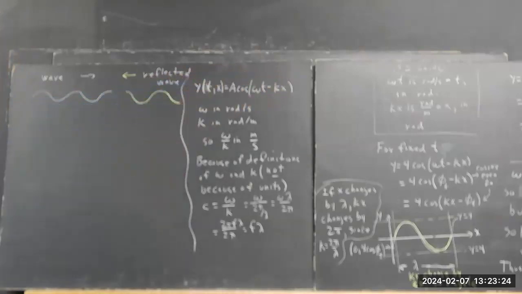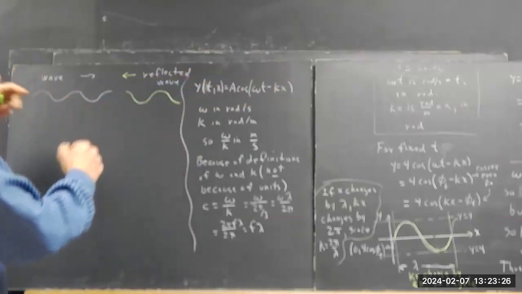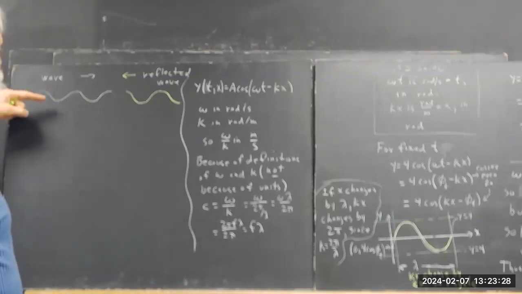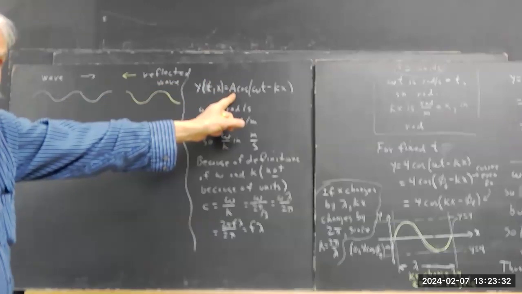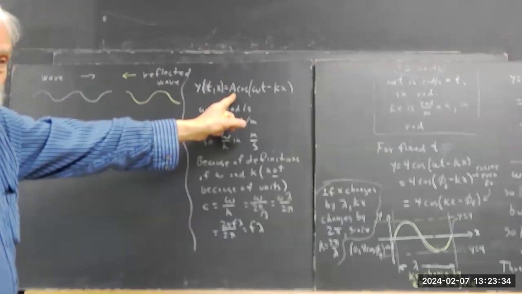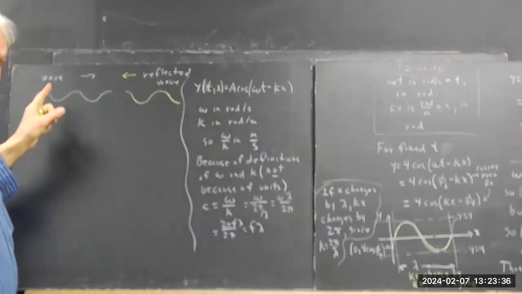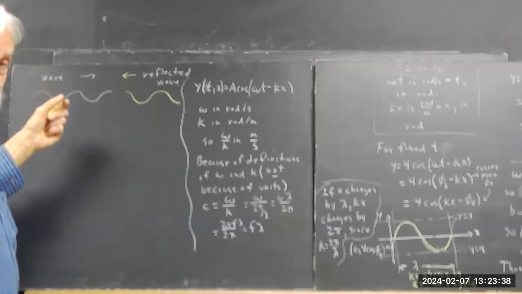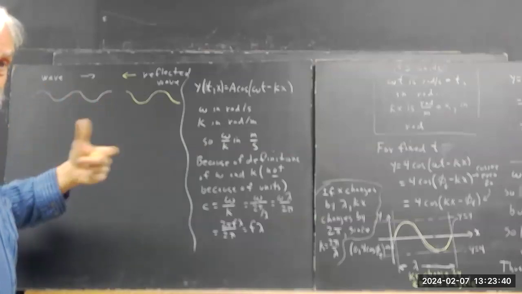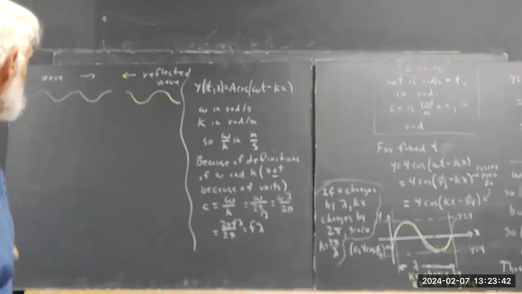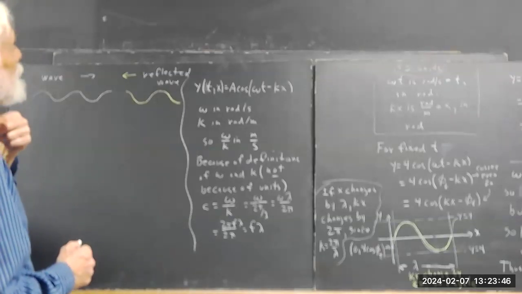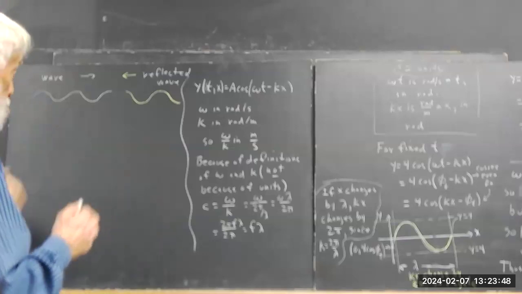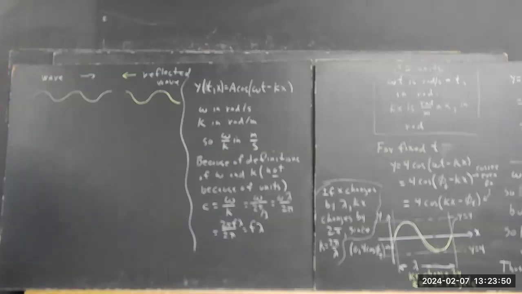So it's not like they haven't met. It's that this wave has traveled down a string and hit a wall. And the wall reflects it. Demonstrate that in lab. There's stuff we would have done Monday, but a couple people missed, we had to do something else. Be sure you review that video.